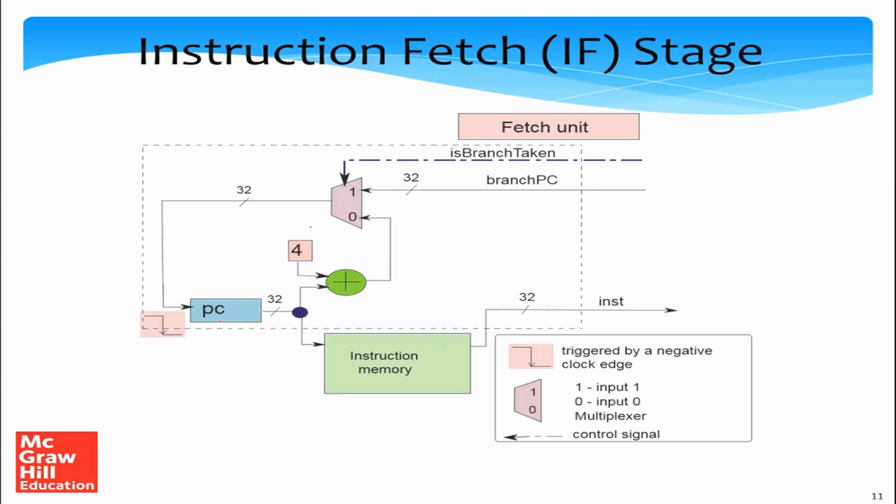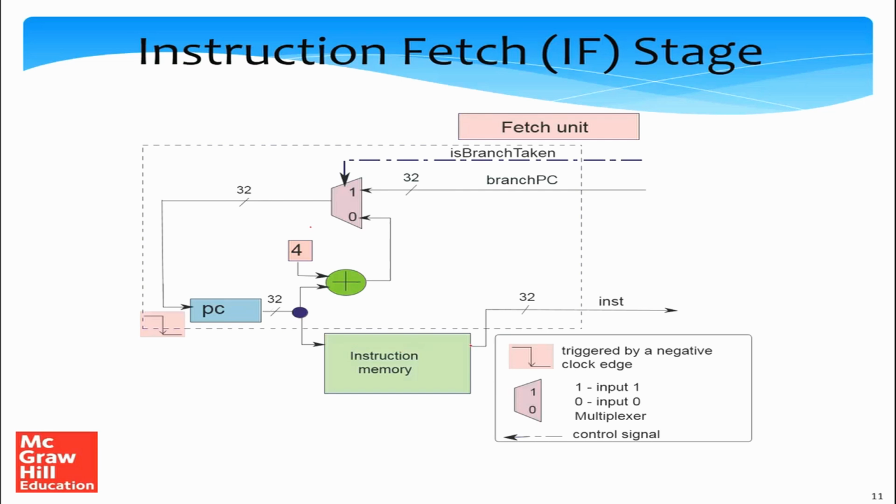The PC, we'll call the program counter register. It's a 32-bit register. The PC flows to the instruction memory. The instruction memory is typically an array of SRAM cells. We'll be discussing how this instruction memory is created in chapter 10.